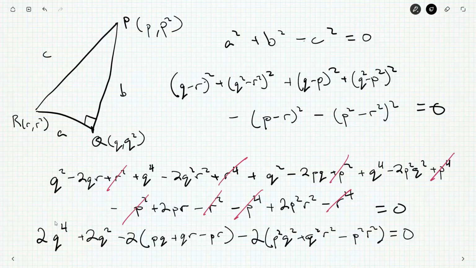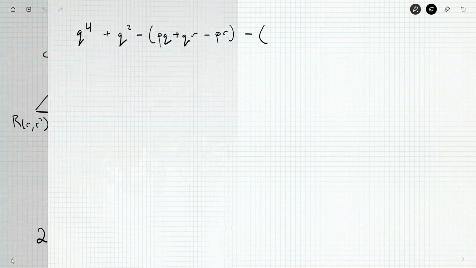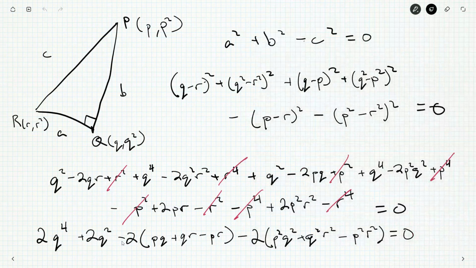One thing I can do is divide by 2. I'm going to have to bounce back and forth here for a moment, but q to the fourth plus q squared minus pq plus qr minus pr. It was a minus, right? Yeah, minuses again.